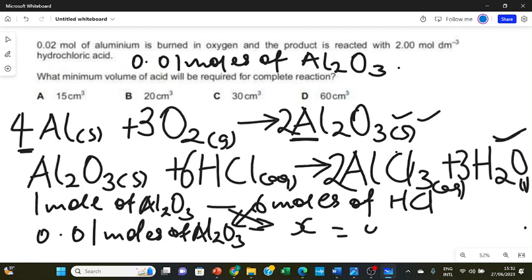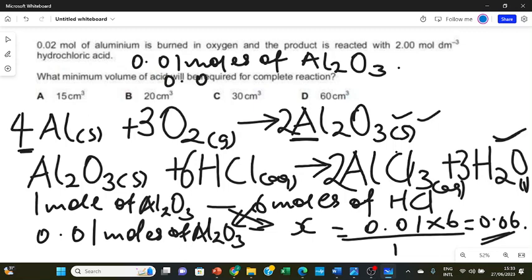So you now have 0.01 multiplied by 6 divided by 1. So you have 0.06 moles of hydrochloric acid. So we'll have 0.06 moles of hydrochloric acid.